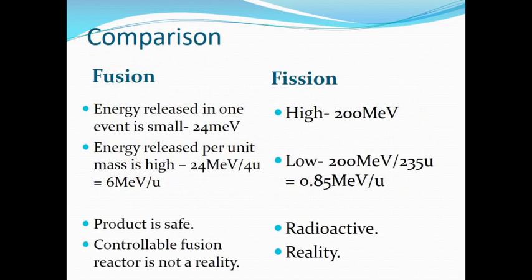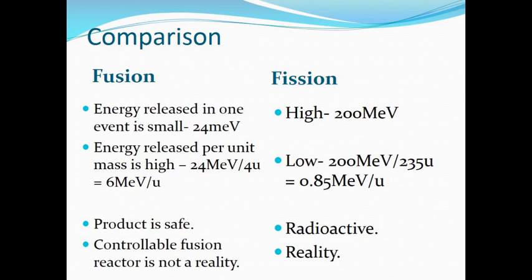In the last class we had studied the fission reaction. Now we are going to compare the fission and fusion reactions. So what is the energy released in one fission reaction? It is 200 MeV, which is very high. But the energy released in one fusion reaction is very small when compared with fission.